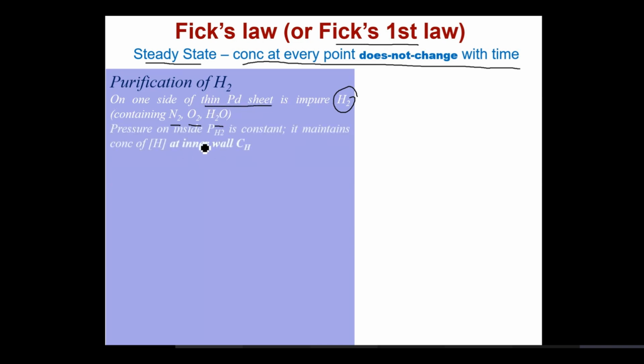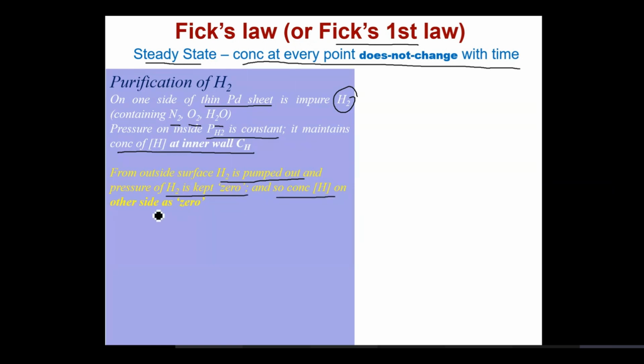On the side where you have this mixture, your pressure is constant, so the concentration of hydrogen at the inner surface is constant. From outside the surface, hydrogen is pumped out. How? By keeping the pressure of hydrogen zero at the outside. So the concentration of hydrogen on the other side is zero, which you are maintaining. This is what you are doing yourself to create a concentration gradient.